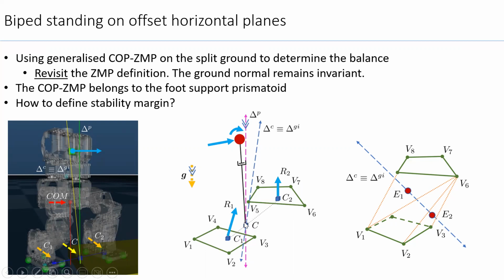So this generalized ZMP is of limited use until we have the corresponding support polygon or corresponding bounded region to define stability margin. We can see that this generalized ZMP lies in the prismatoid defined by the foot soles of the left and right legs.